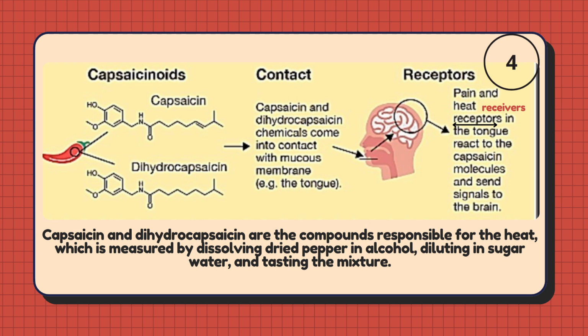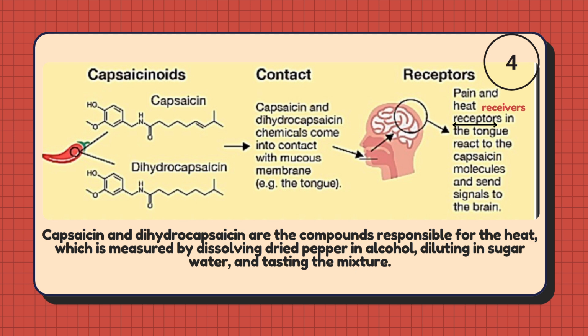And if you look at the second part, capsaicin and dihydrocapsaicin chemicals. These are the chemicals from the pepper, okay? And if they come into contact with the mucous membrane, like a part of your body with mucous membrane, for example, your tongue and even your nose, then the pain and heat receptors, the word receptors means receivers, in the tongue react to the capsaicin molecules and send signals to the brain.